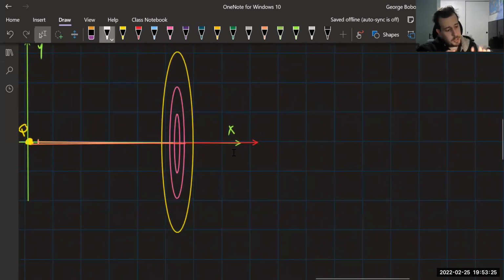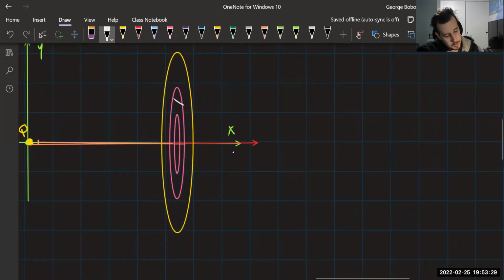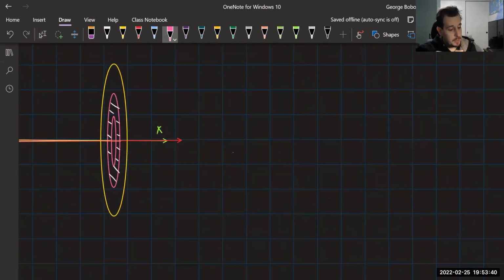And again, you're gonna ask yourself, what is the surface area of this piece right here? Gotta figure this out. And how much flux is this pink annulus getting?